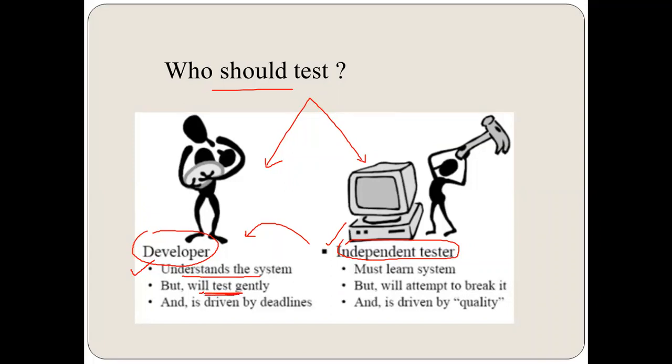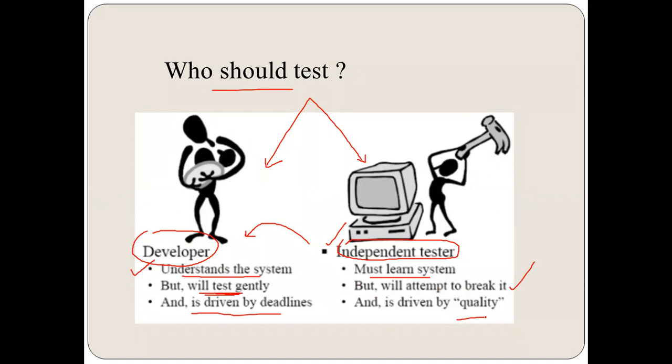He is not going to easily find out the errors, and the developer is driven by the deadline, so he is in a hurry to complete the task. Next, independent tester. What is the disadvantage? An independent tester must learn the system. He should have complete knowledge of the detailed program code, but he will attempt to break it and is driven by quality, right?